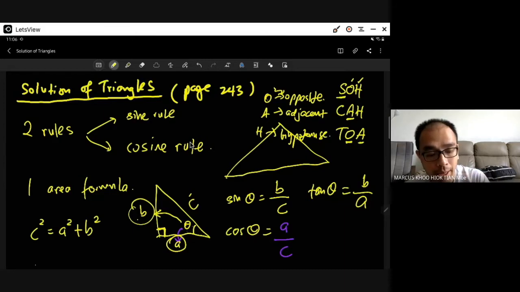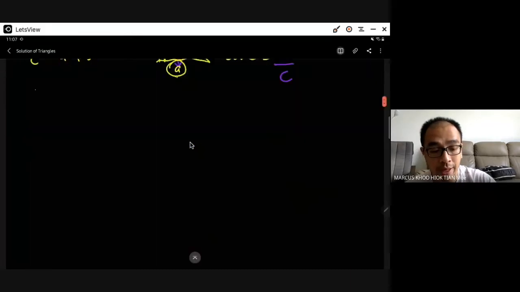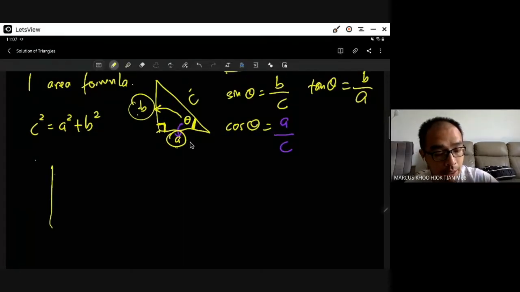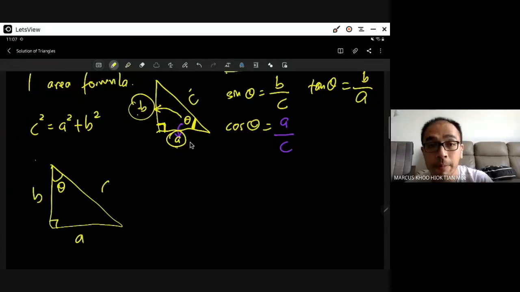Everything in sine, cos, tangent, SOH CAH TOA, that involves a 90-degree angle depends on where the angle is. If the angle is here, then opposite is B, adjacent is A. Now if I change the position of the angle, let's say I put it up here, but the A, B, and C stay the same.